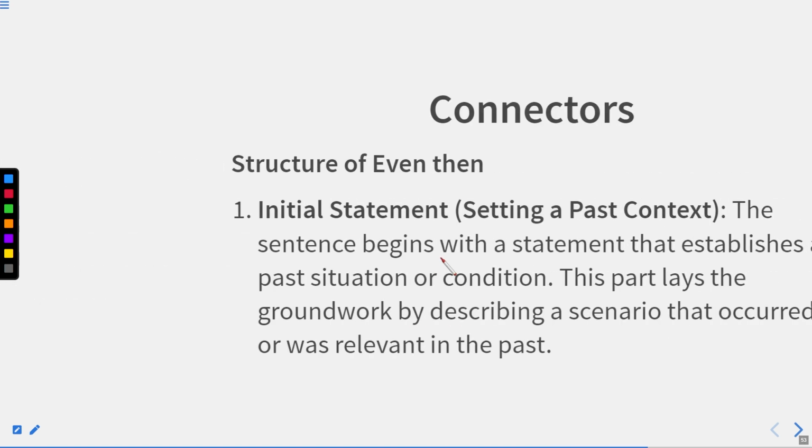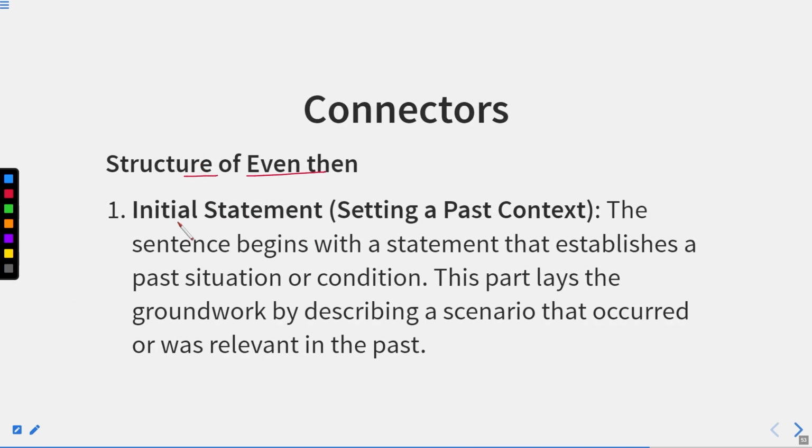Okay. So, the structure of "even then." Initial statement setting a past context. The sentence begins with a statement that establishes a past situation or condition. So in the case of "even then," the sentence will begin with something that has already occurred in the past.